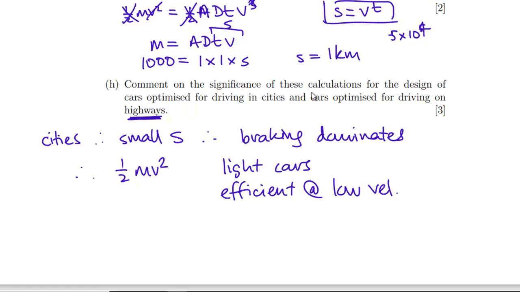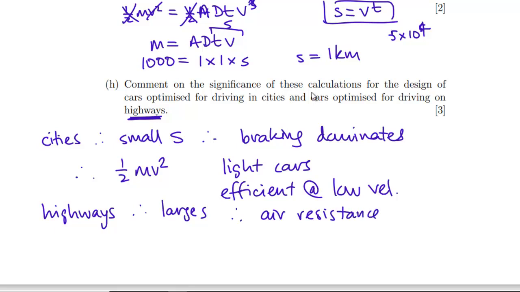And then for the reluctantly called highways, we're going to have a large S. So air resistance dominates. As we saw, the larger S gets, the less frequently we're braking, and every time we brake is when we get a load of half mv squared. You only get that when you brake.